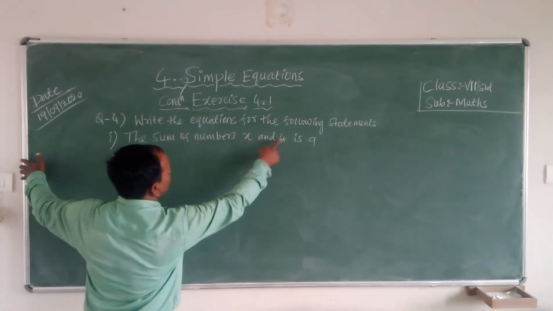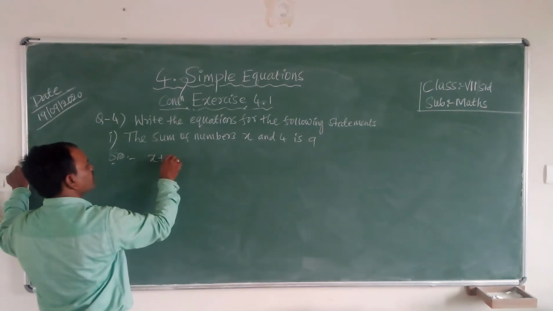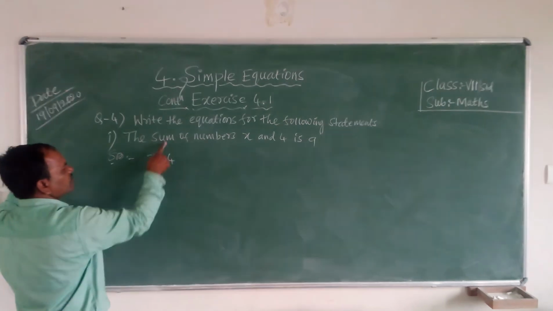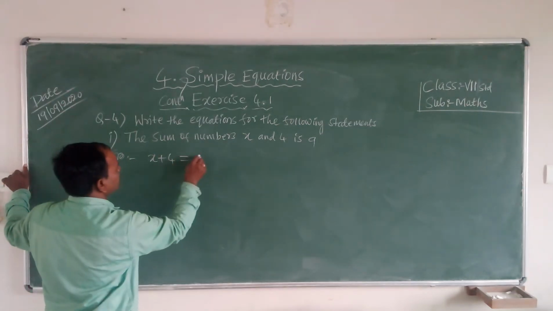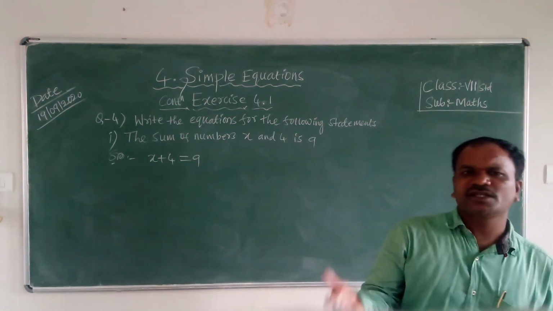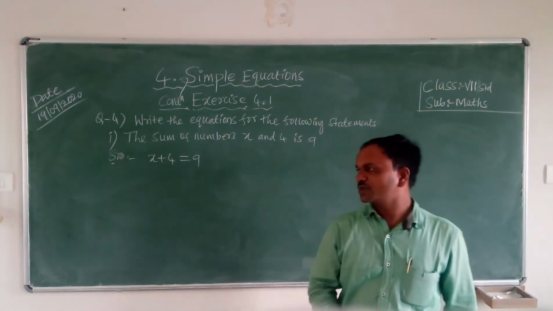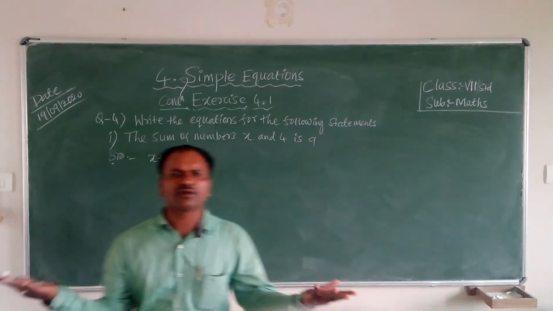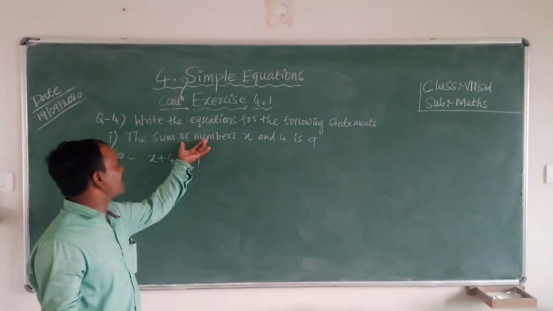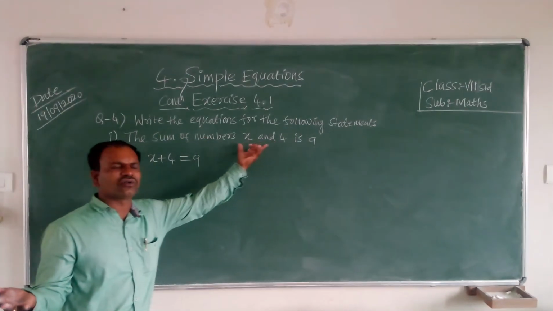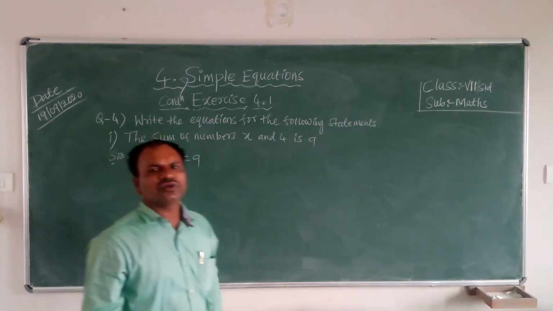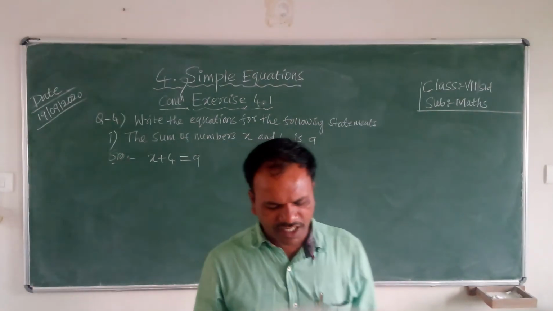Which numbers are there? x and 4. Sum is there, x plus 4. The sum of numbers x and 4, x plus 4, is 9, is equal to 9. So like this you have to write the given statement in equation form. Very simple. The sum of numbers, numbers are x and 4, so x plus 4 is equal to 9. So like this you have to write the equations.